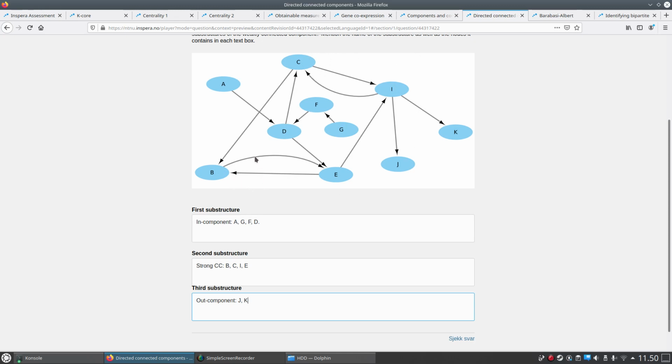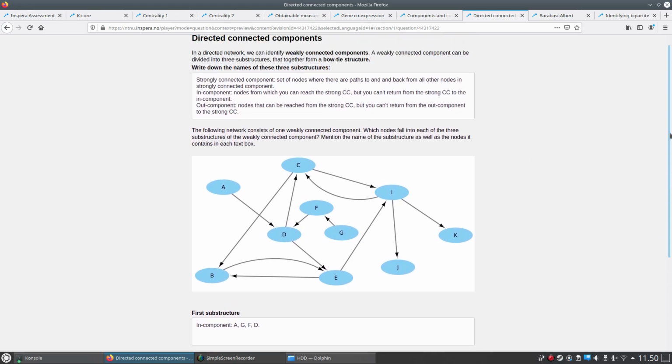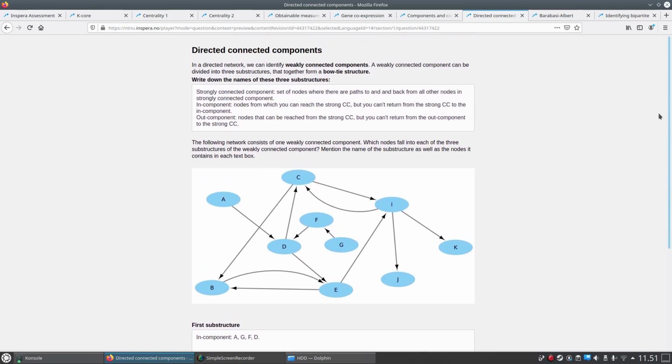There's no direction per se to it. But then once you leave out to J and K, then there's direction to it. You can't move back anymore. And so these are the three types of substructures within the weakly connected component as it applies to directed networks.